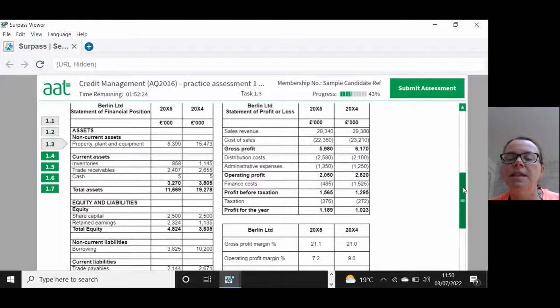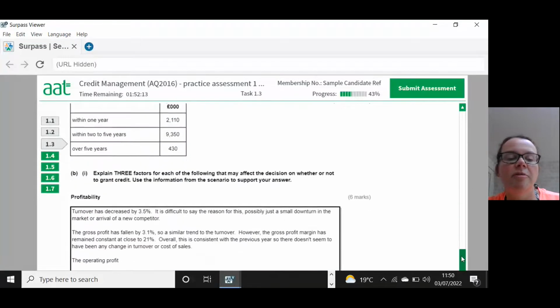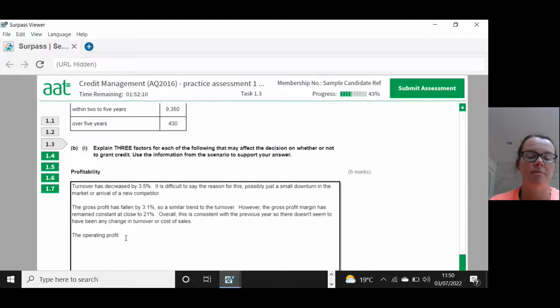Again, you could work out the percentage increase. I'm just going to say for now, I haven't got my calculator here, so 820 take away 50 is 770, so I'll just use the absolute term for a change. The operating profit has fallen by £770.